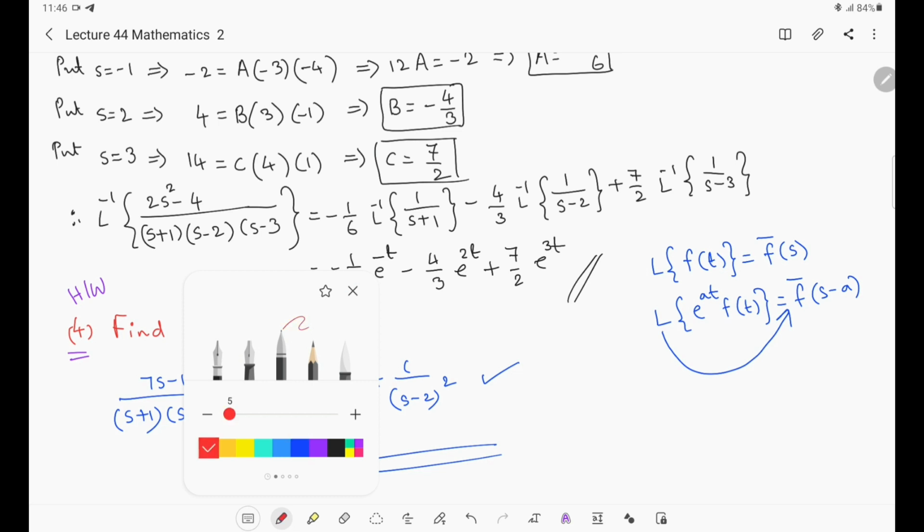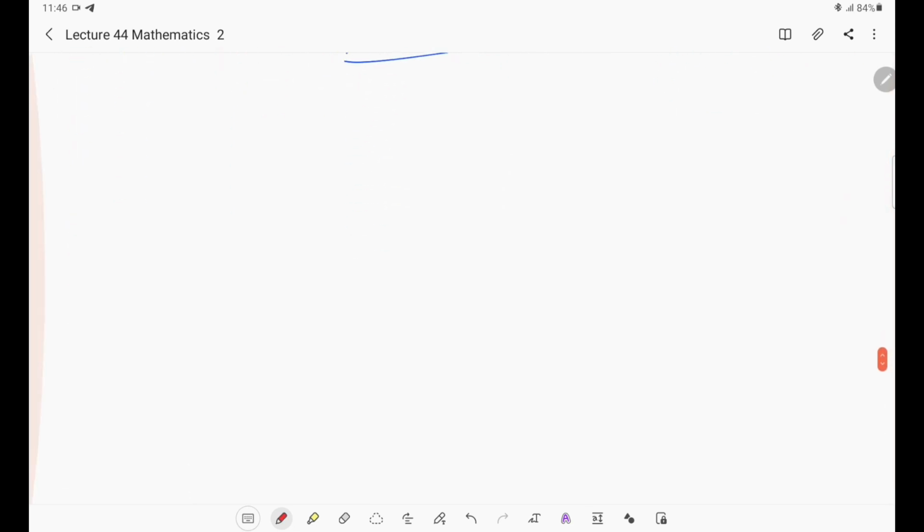So we will put the side heading: first shifting property of inverse Laplace transform.